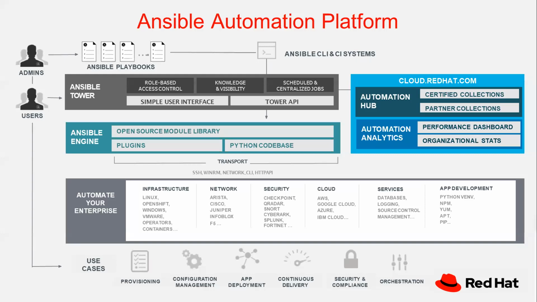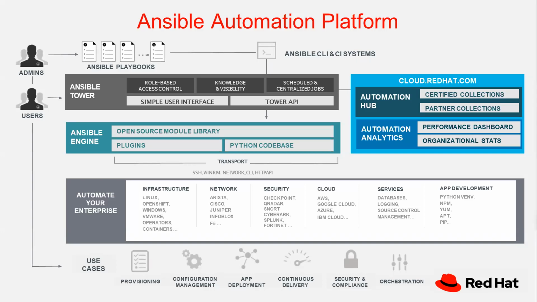So we'll be talking about the Ansible Automation Platform today. This slide goes over Ansible and shows the many layers of Ansible. Ansible is really formed by the engine itself.